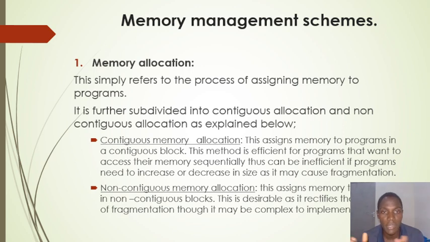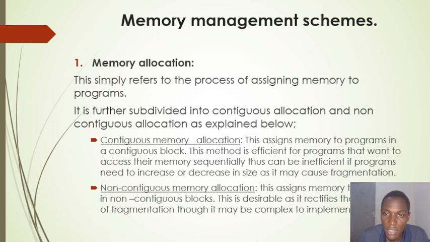When a program sends a request saying I need this amount of memory, we allocate that memory to that program. Memory allocation is further subdivided into contiguous allocation and non-contiguous allocation.